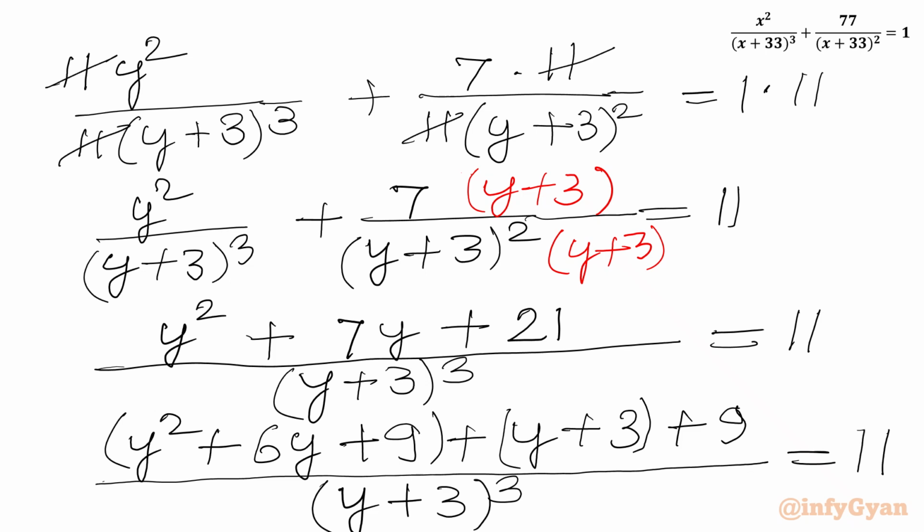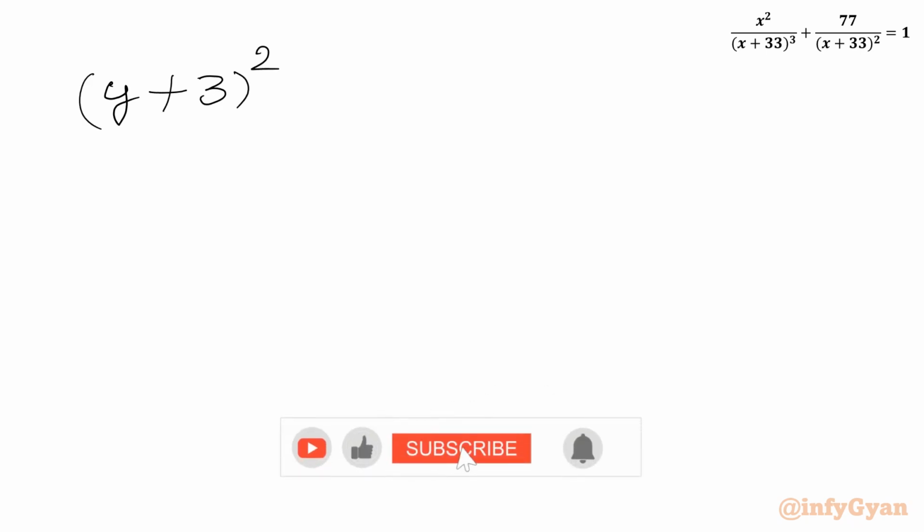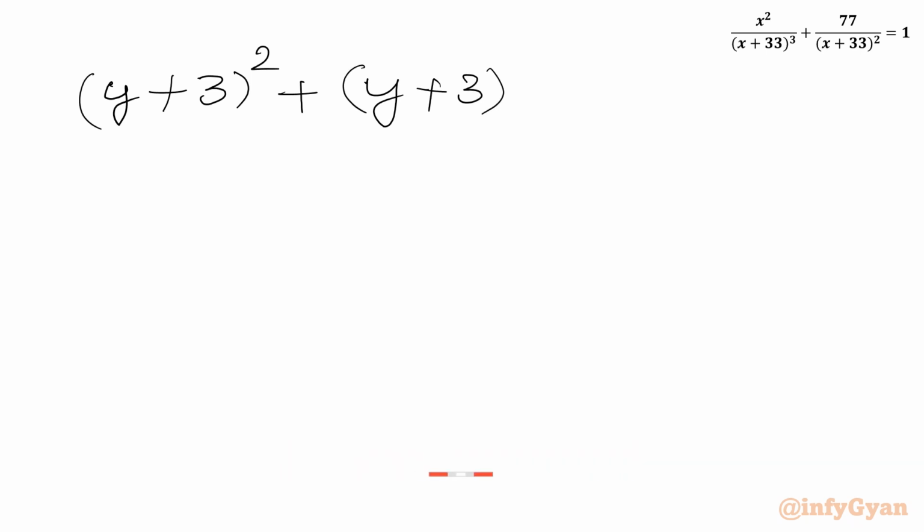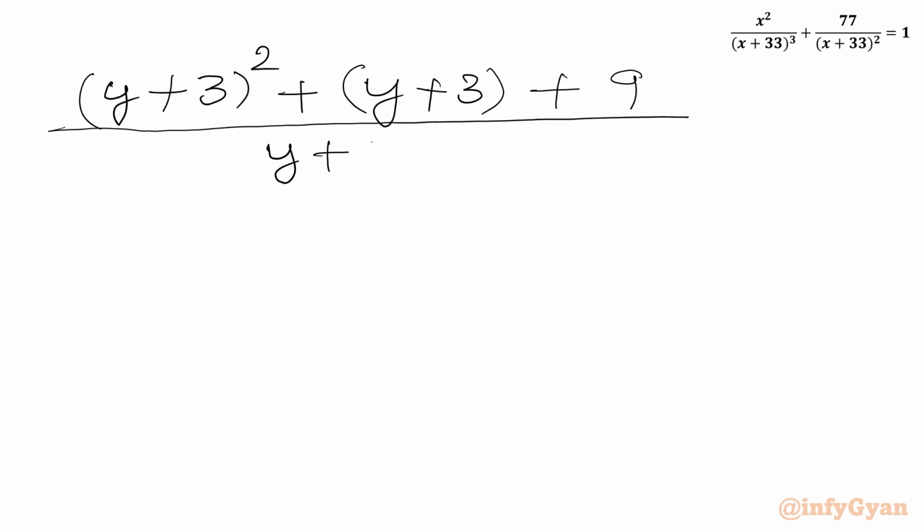RHS is 11. Now first bracket in the numerator is (y plus 3) whole square. Second is y plus 3 and then we have 9. So I will write (y plus 3) whole square plus y plus 3 plus 9 over (y plus 3) whole cube, RHS is 11.